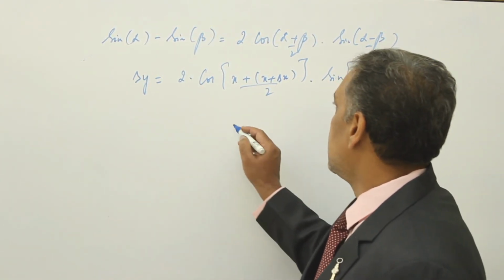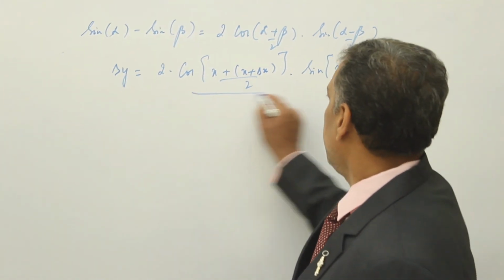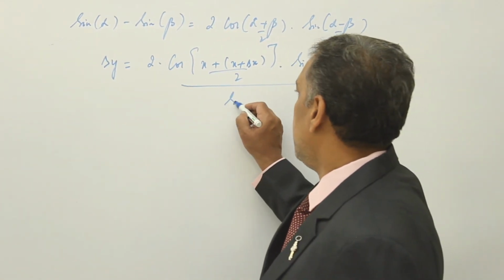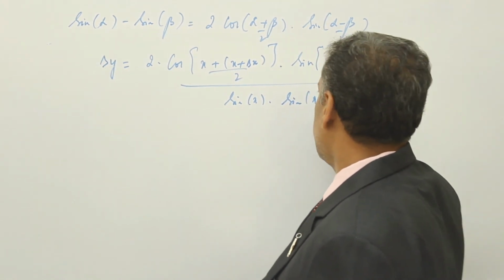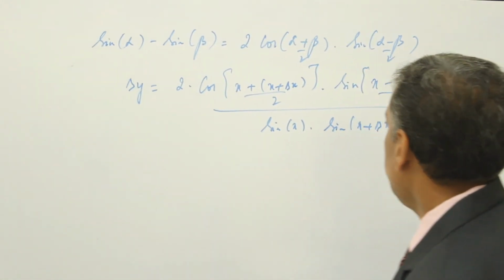Now the denominator is sine of x into sine of x plus delta x.